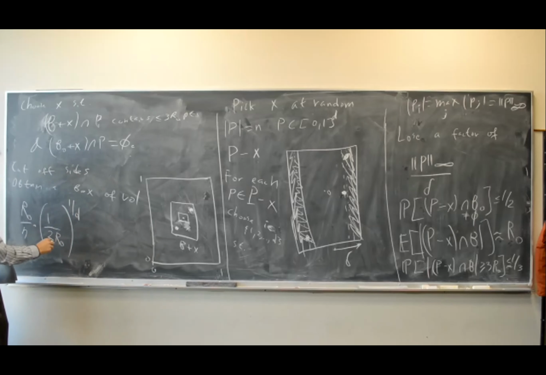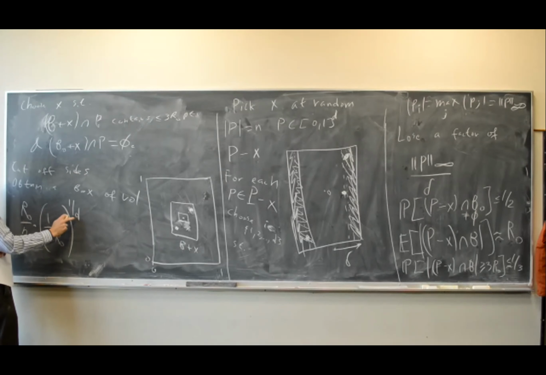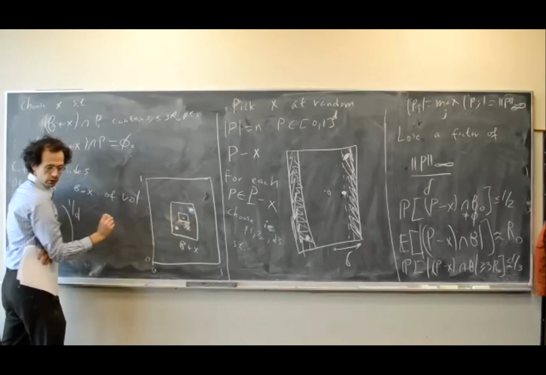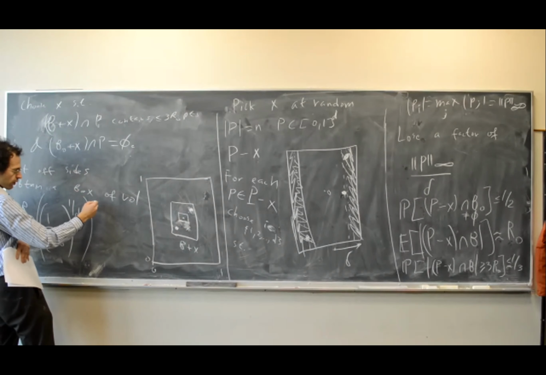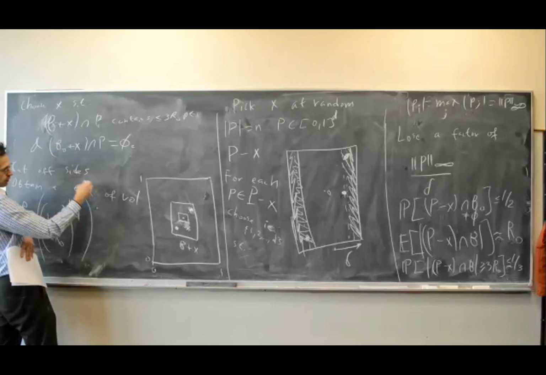So if we needed to lose d times, we would go from a box of size R naught to the box of size 1/2. So if we had d points to worry about, we would end up with just the central box. And so we take this and raise it to however many points we contain.